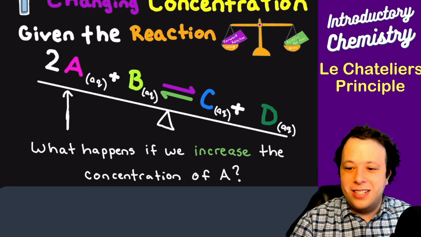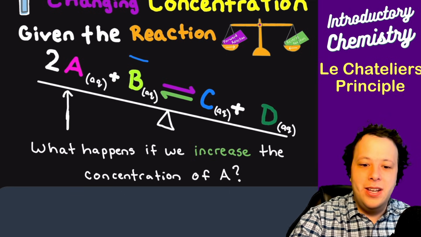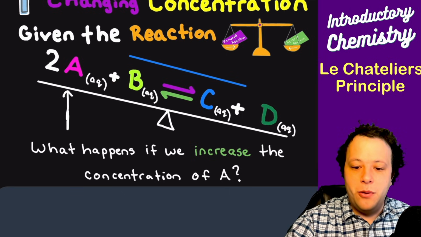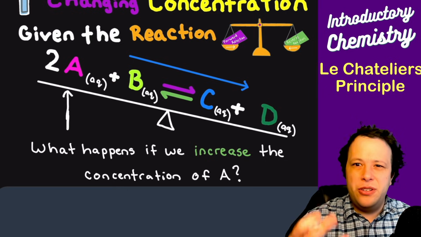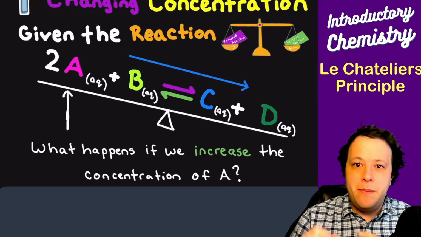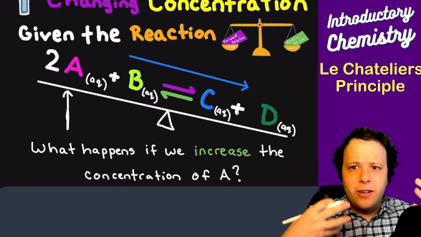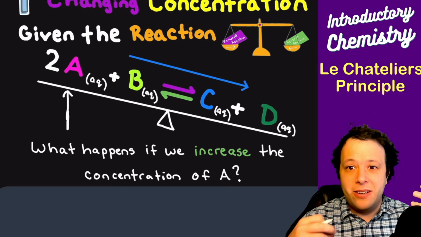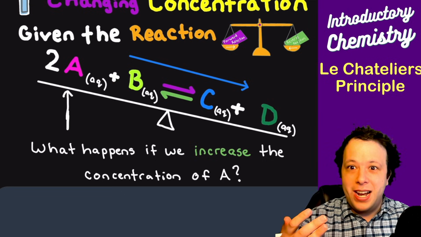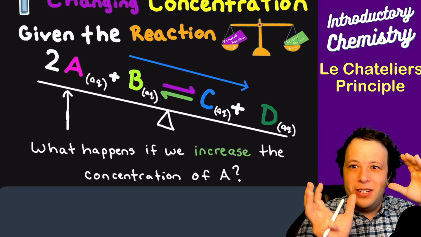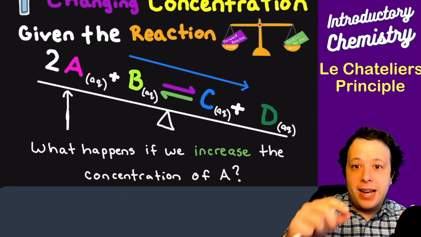Because these increased collisions are all running into each other, the reaction is going to push forward heavily. It's going to try to relieve that stress by making more products, because the goal is for the rates to be equal. So eventually the scales can tip back into place.